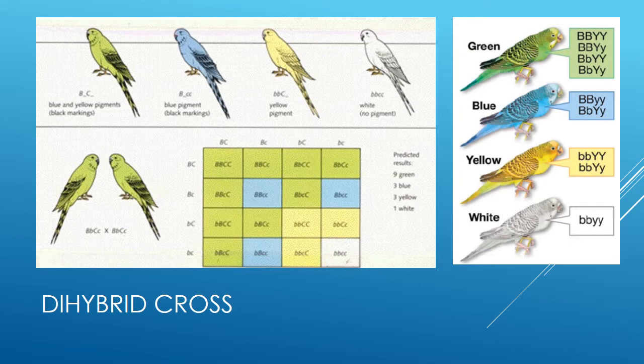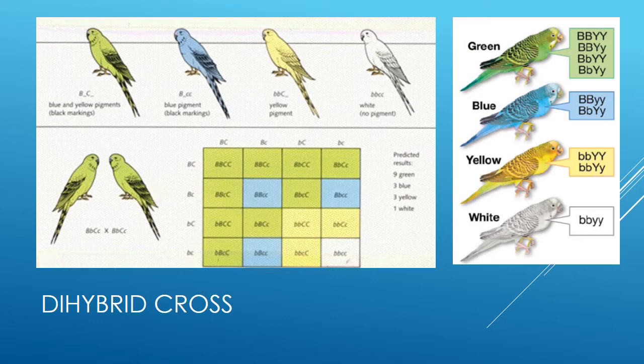So like if this is one parent and they're both heterozygous, right? So big B, big C, little c, all right? So this B and this C could be part of the allele that it gives to the baby. But this B could also get together with the little c and be something that it gives to the baby. The little b could get with the big C, or the little b could get with the little c.